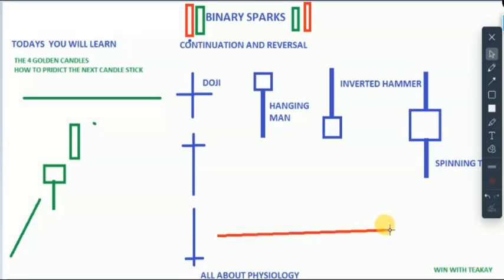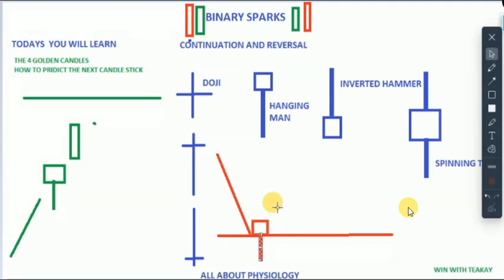So let's say we have a support level over here, and our market is moving down. It reaches our support, it closes with an inverted hammer, then for sure we know that the next candle is going to be a buy, guys.